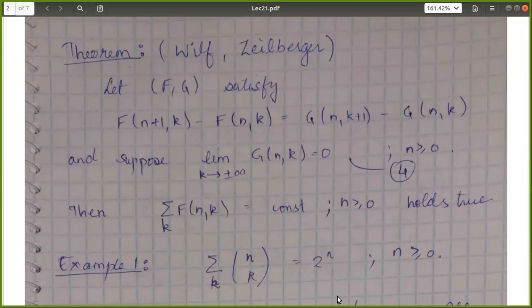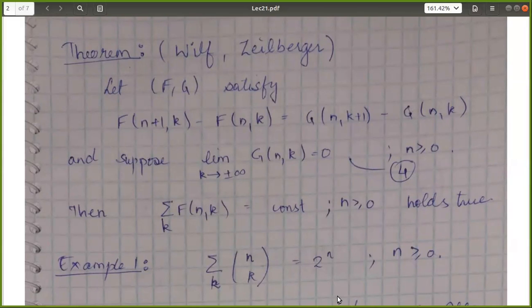As a function of n and k, it will be n choose k. And what is RHS of n? RHS of n is a function of n, which is 2 to the power n. So then the function capital F of n,k is what?